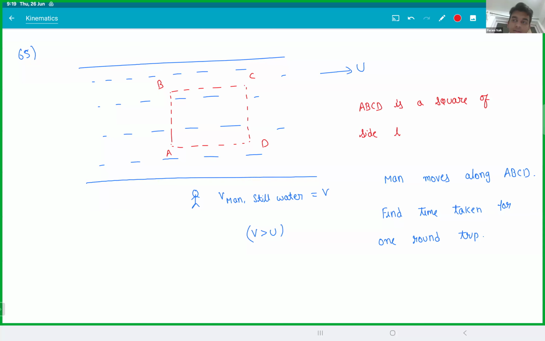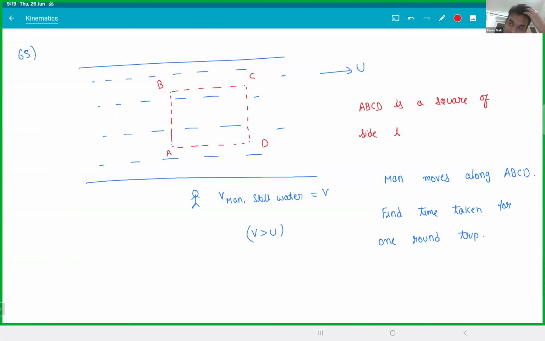Sir, yeah, Param. Sir, in this case, if we go into the frame of the man, he's always swimming with a speed u, irrespective of the path, right? With respect to whose frame?